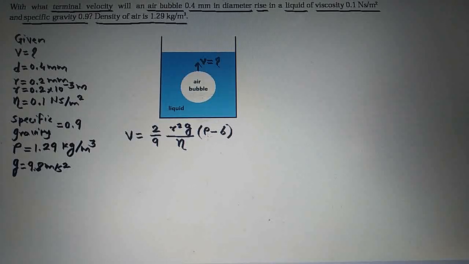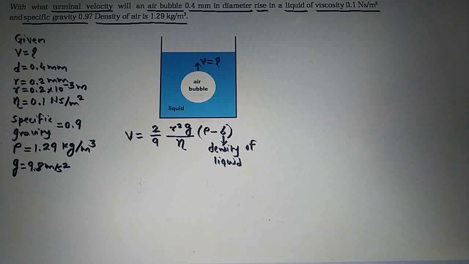Then the value of rho, that is the density of air, and it is 1.29, but we do not have the value of sigma here, which is the density of the medium. Here the medium is liquid, so sigma is the density of liquid, and we have to calculate this density of liquid by using the specific gravity. Because of that we are using this formula to calculate the terminal velocity.